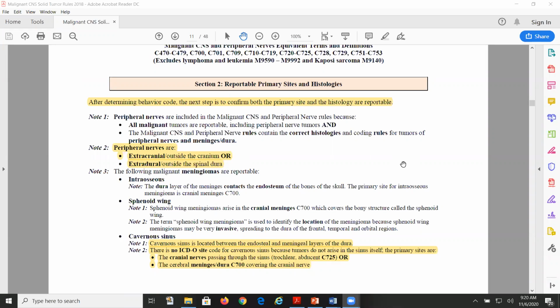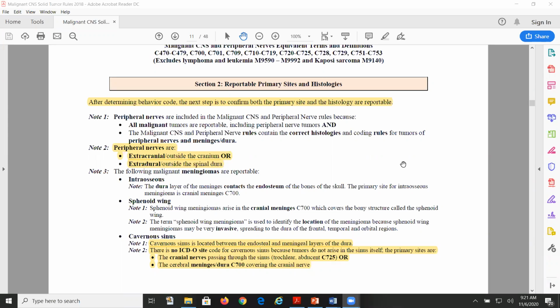Now, this is particularly important for your non-malignant central nervous system tumors, because once a tumor has exited the cranium or the spinal cord and assumes the primary site of peripheral nerve or any structure outside the central nervous system, it is not reportable if it is a behavior of /1 or /0.